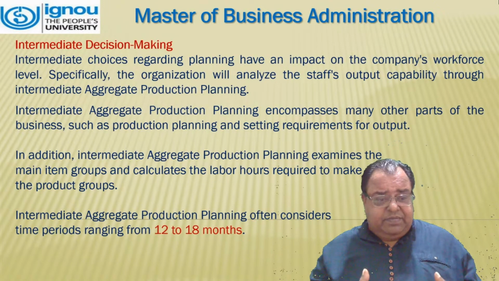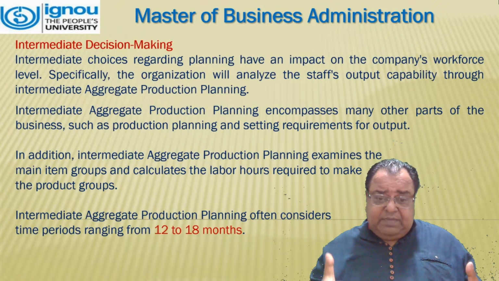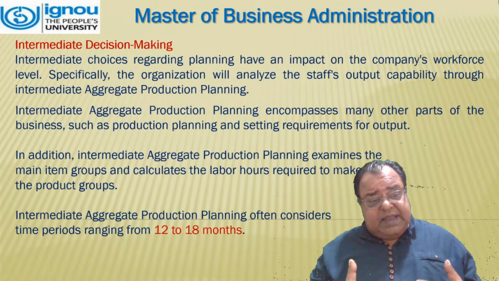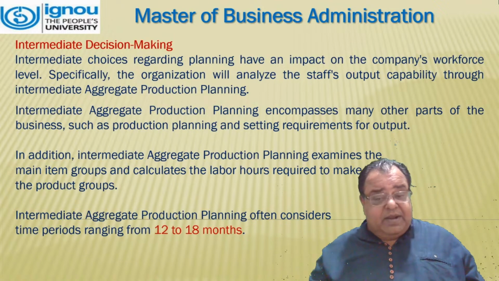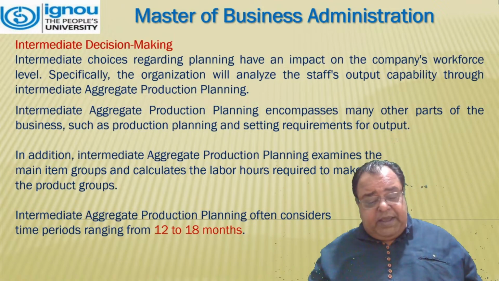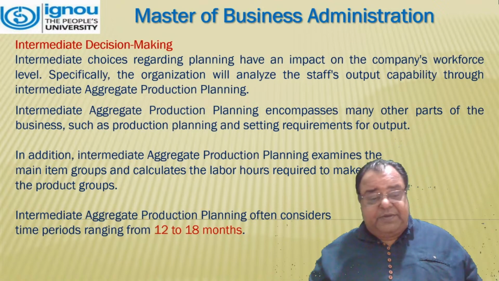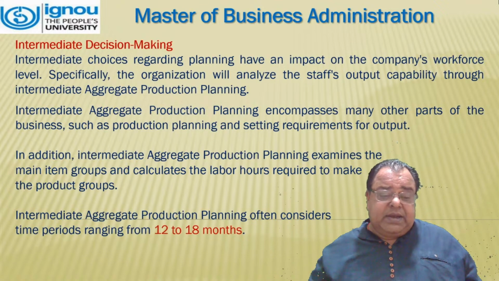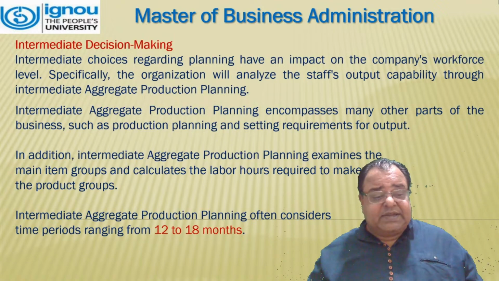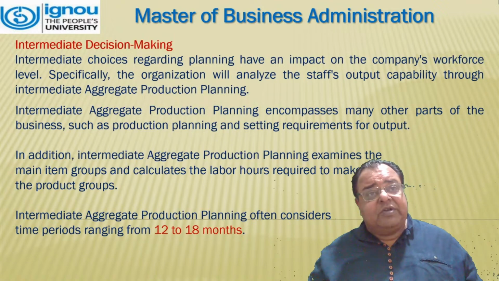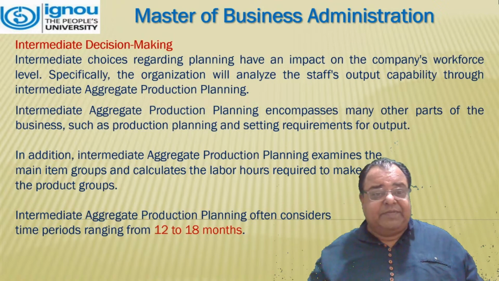In addition, intermediate aggregate production planning examines the main item groups and calculates the labor hours required to make the product groups. Intermediate aggregate production planning often considers time periods ranging from 12 to 18 months.